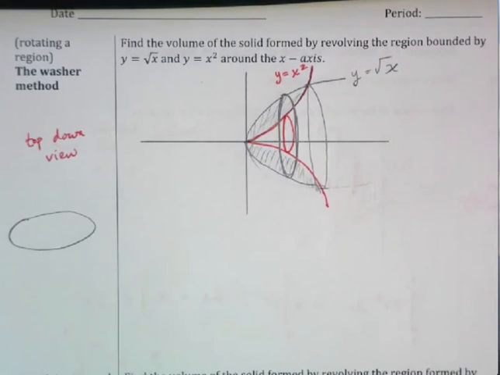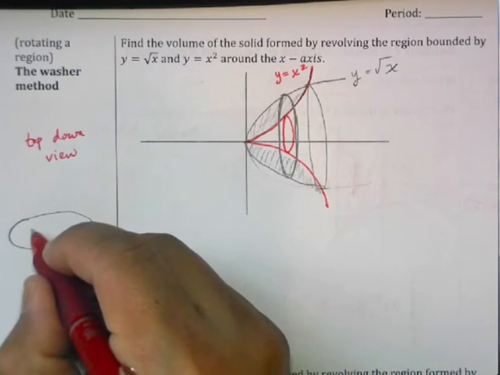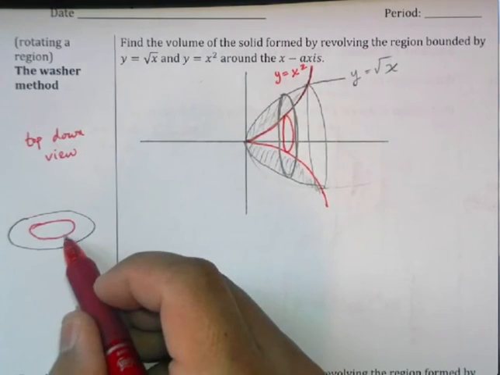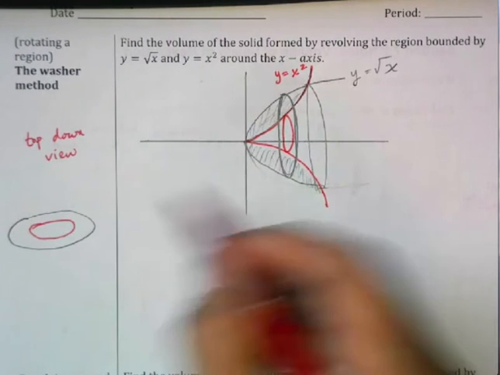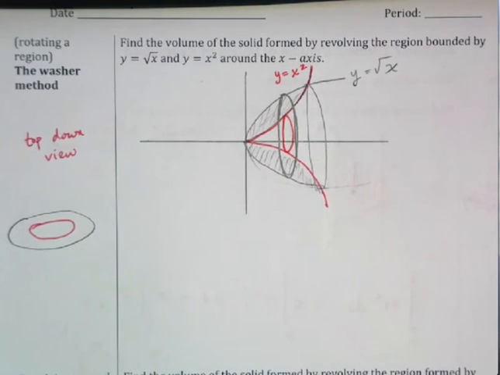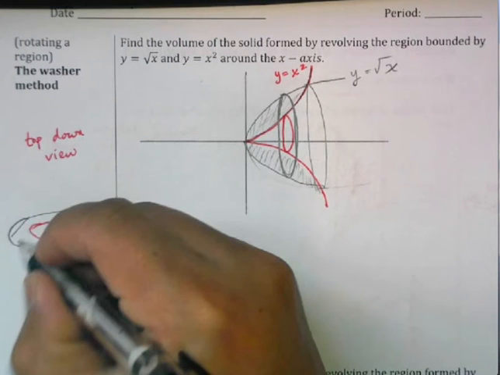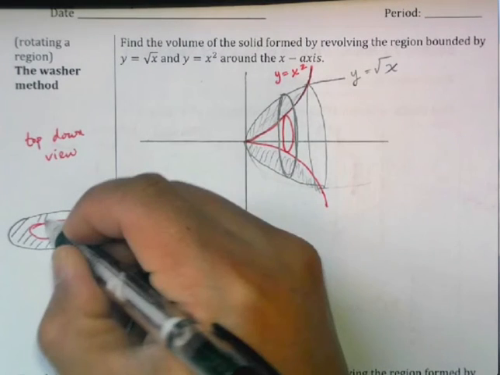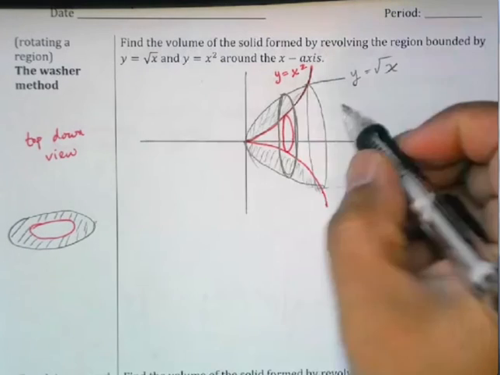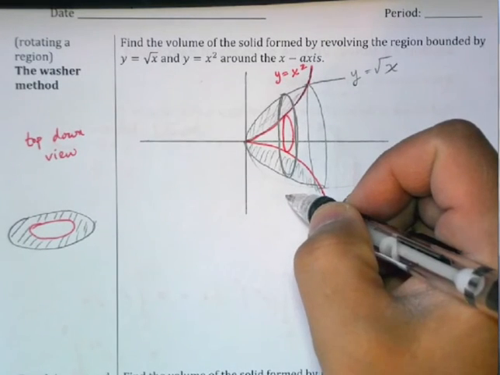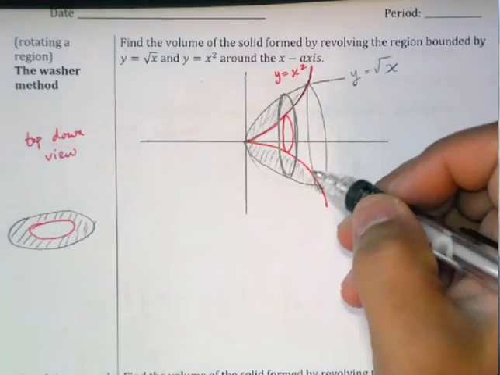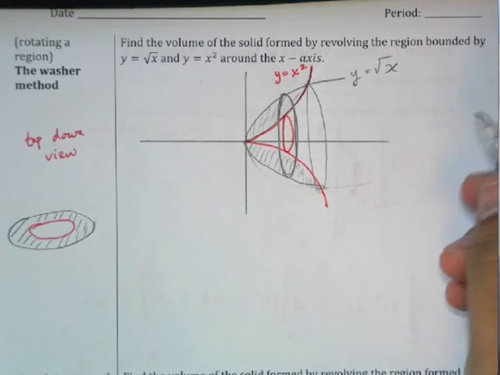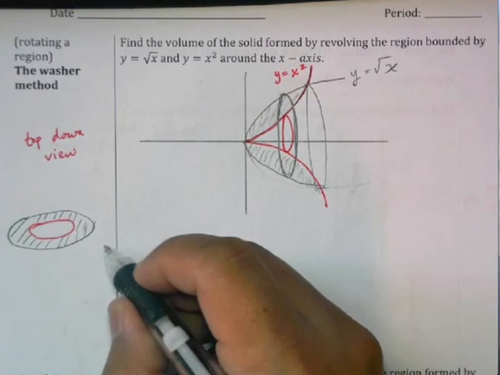So you see you have the outer circle and then the inner circle, and the amount of material that we need to make this glass depends on the area in between. Okay, so if you take a look at one slice of the object, you really have a washer, a circle with a circular hole in the middle of it.